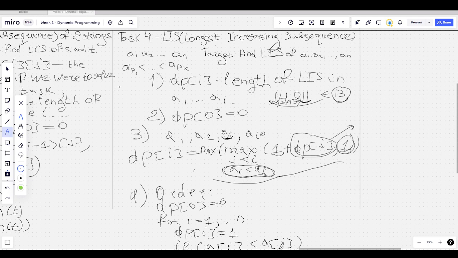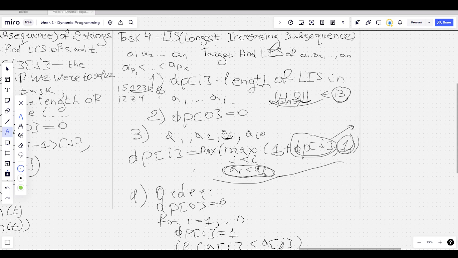For example, if we have something like this, the longest increasing subsequence in this sequence will be 1, 2, 3, and 4.